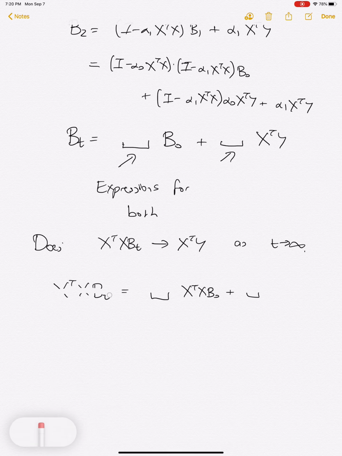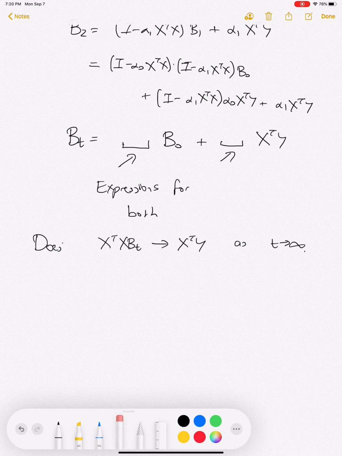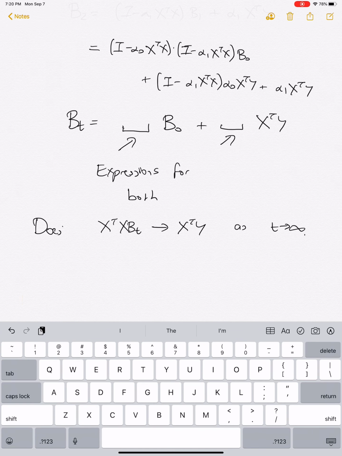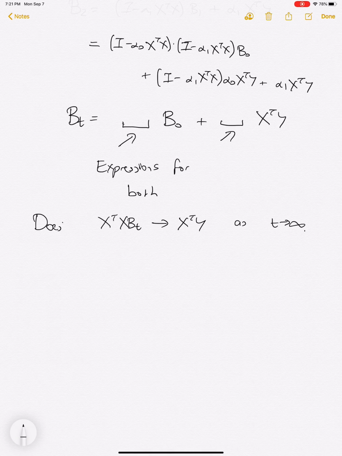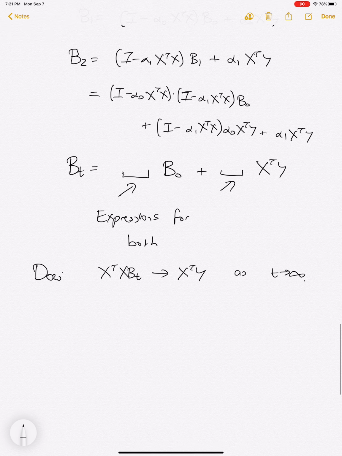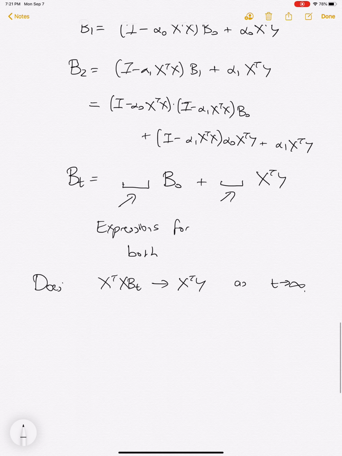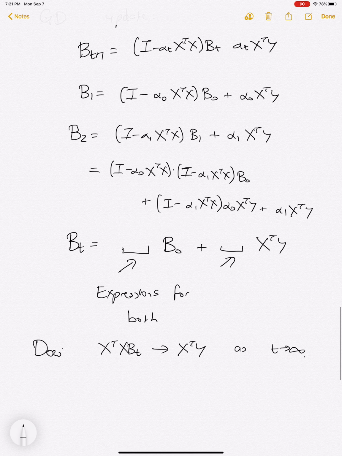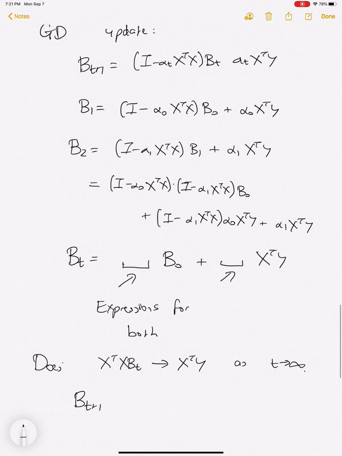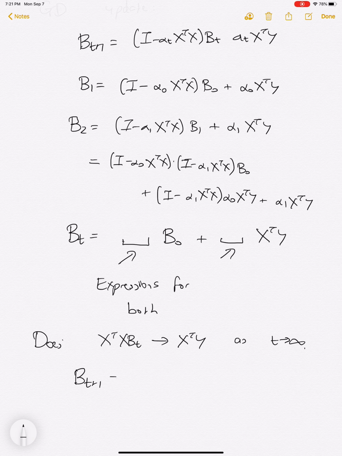If we express everything in this space where we multiply by X transpose X, it's going to be very convenient, because that's really the function that we're interested in here.